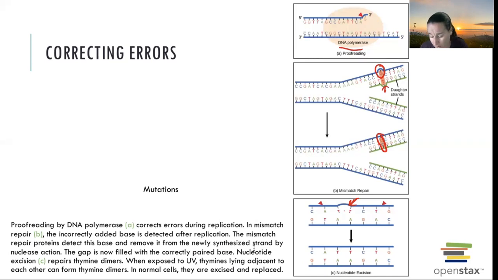UV radiation can cause this condition right here where we have these two thymines stuck together, and it is causing an error. So we may need to come along and break that up. Nucleotide excision is going to come along and bust up those dimers, and now they are just happy and healthy like they should be right here. So we got rid of our thymine dimers.